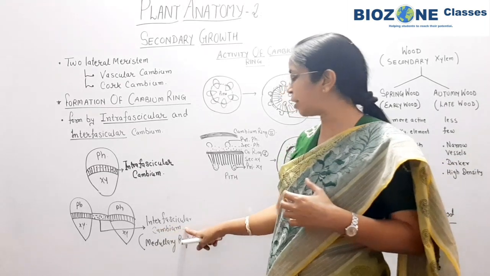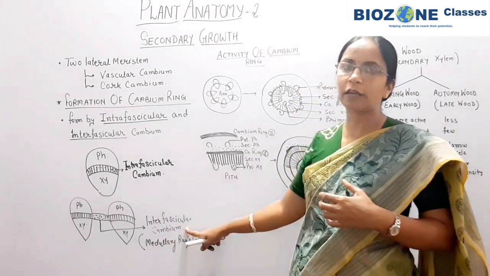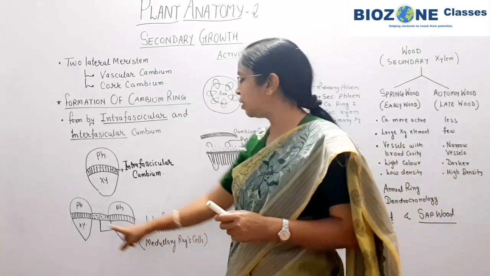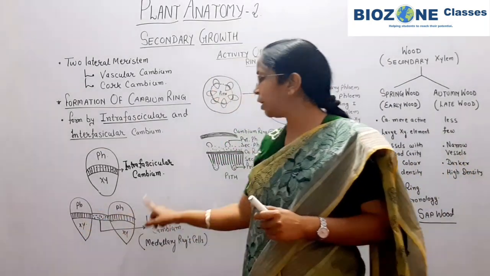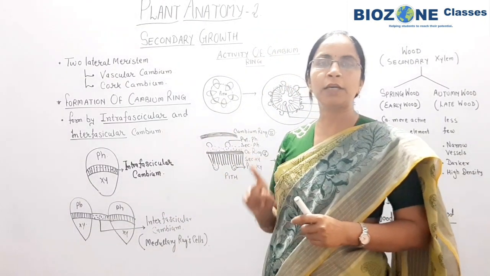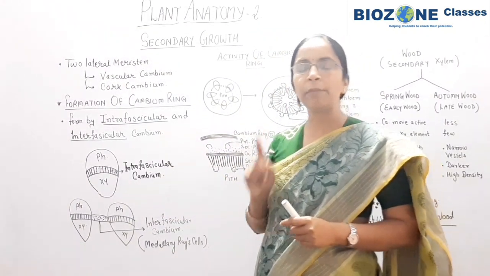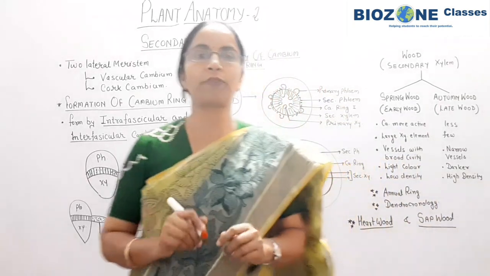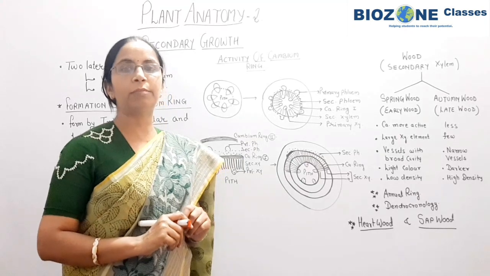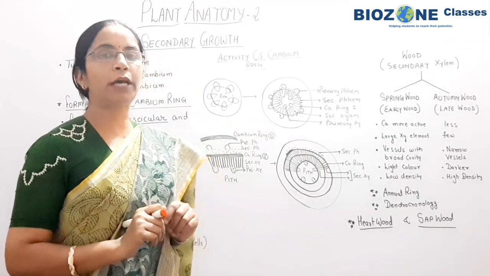These new cells develop as interfascicular cambium. In simple terms, the cambium present in between the intrafascicular cambium is called interfascicular cambium, and because of its formation, one complete ring of cambium tissue is formed, which is called the cambium ring.